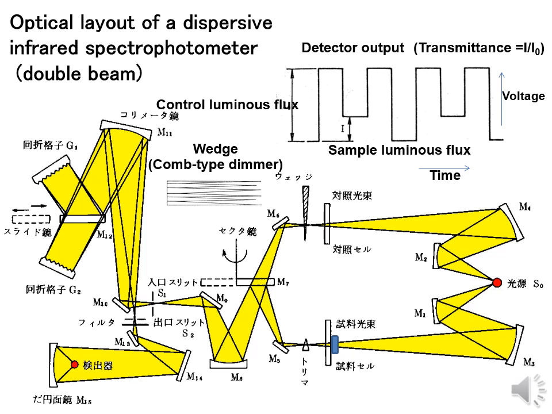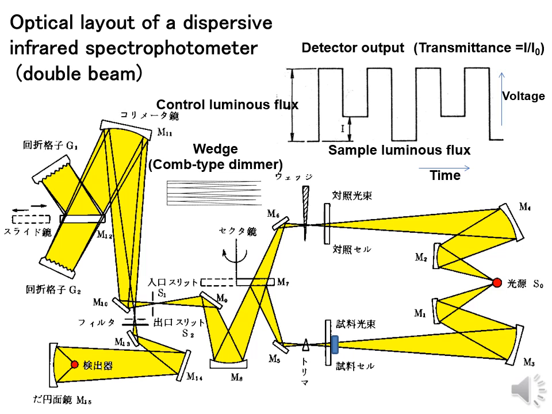The reference light is reflected by the mirror M6 and reaches the rotating sector mirror M7. The sector mirror has a part with a mirror and a part without a mirror, and alternately enters the optical path by rotation.